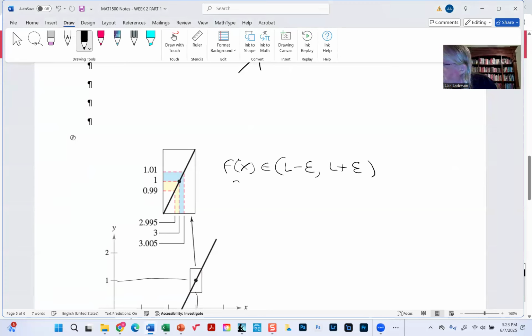And epsilon is 1. So since the limit is 1, L minus epsilon is 0, and L plus epsilon is 2.